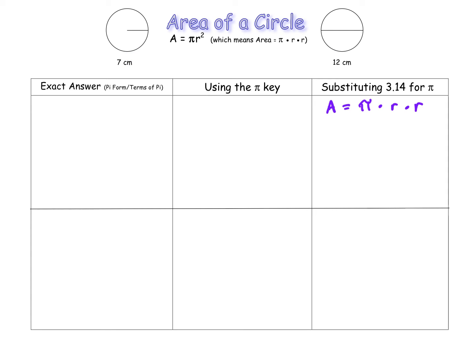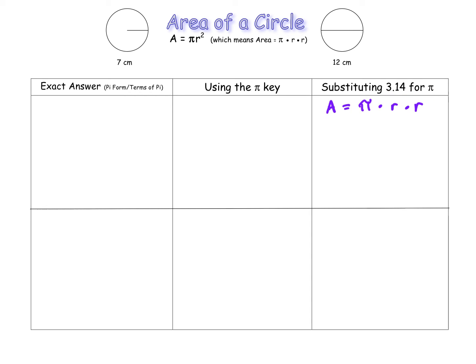So now we're going to substitute where the r's are. We're going to replace it with this number 7, both r's. But also, since we're given permission to substitute 3.14 for pi, we're going to do that same thing.